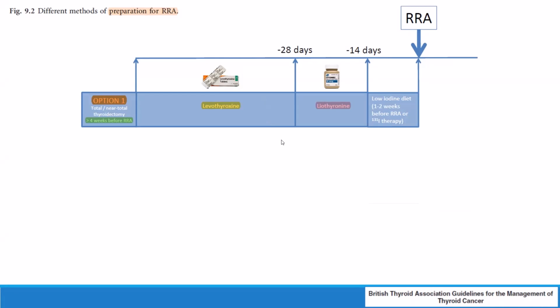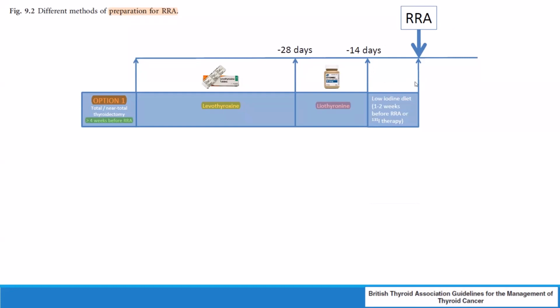So the first option of preparation for radioiodine remnant ablation, if the operation is done more than 4 weeks before ablation, the patient already on levothyroxine, we should stop levothyroxine 4 weeks before intervention, and the patient will take liothyronine because liothyronine has a shorter half-life than levothyroxine, so we can stop it 2 weeks before radioiodine remnant ablation.